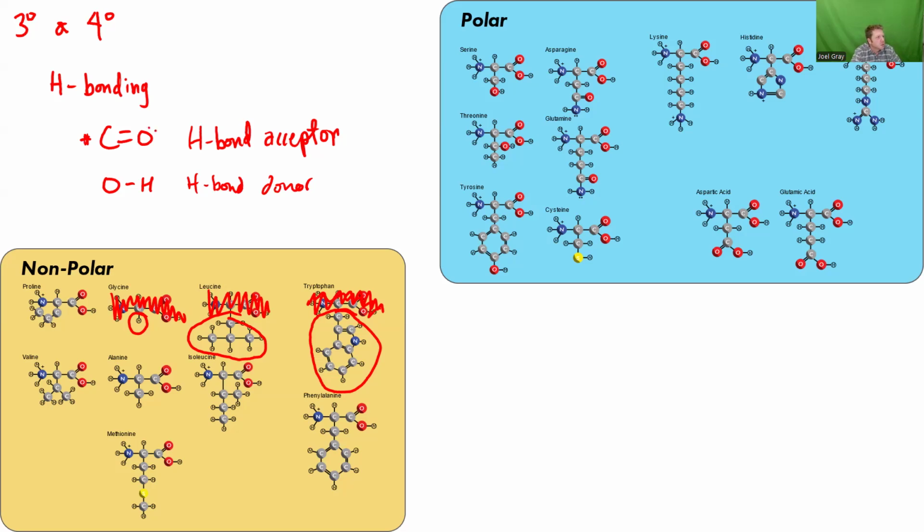Maybe some of these guys over here. Lone pairs of electrons. Okay. So if that's got lone pairs of electrons, and lone pairs of electrons are basically an indicator of something that's a great hydrogen bond acceptor, do you think that this right here would be a good hydrogen bond acceptor?